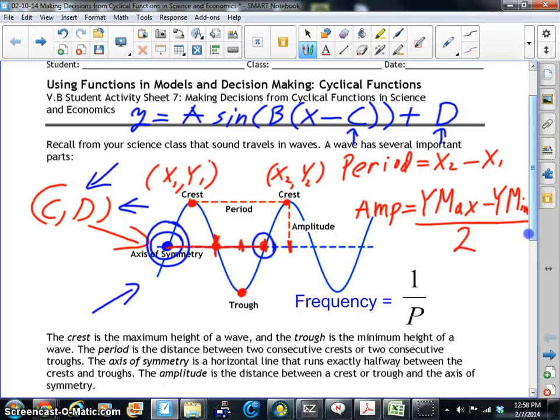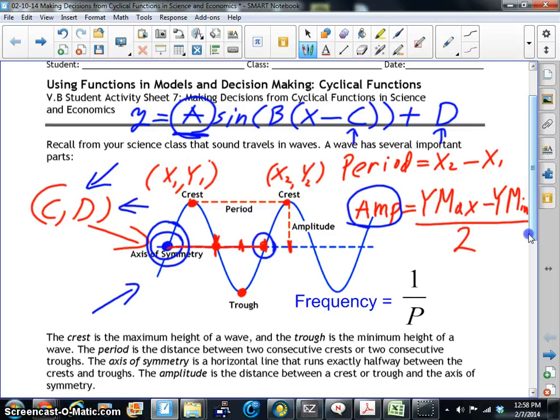Well, besides that, we have a couple other things. I'm going to go ahead and look at this. We also want to explore this guy A. A is also what we call amplitude. This is the distance from the middle, or from D to the highest point according to our y.